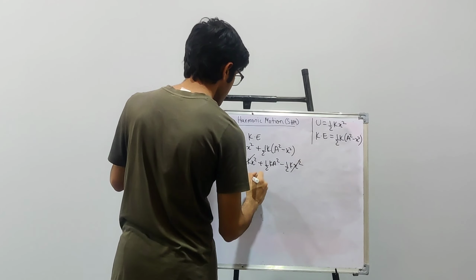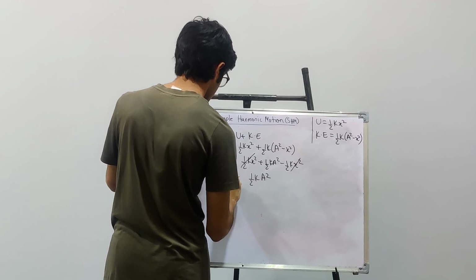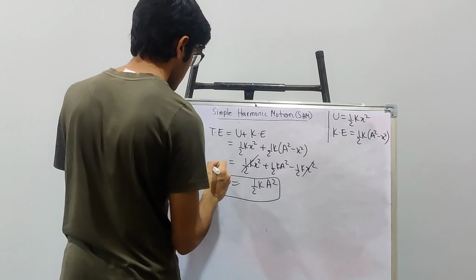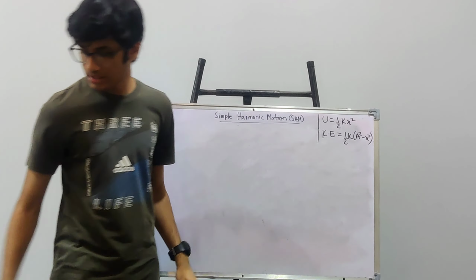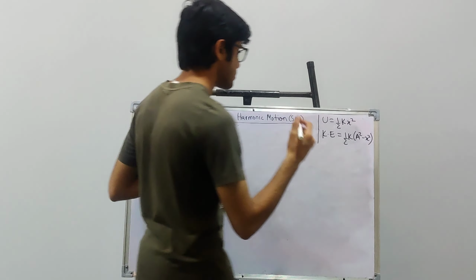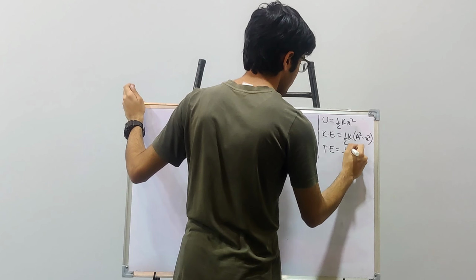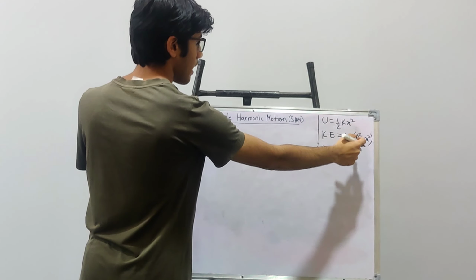This gets cancelled, so total energy will become nothing but half k a square. One thing to note is that total energy will always remain constant, it will not change. So we have gotten total energy as half k a square, with respect to x.